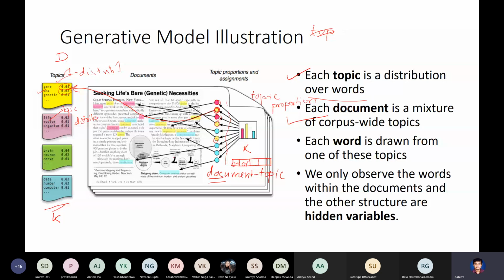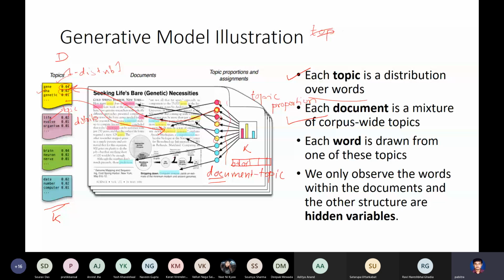So this is the generative process. So if you know this vector for each of the topics, this word proportion vector for each topic, and if you know for every document what are these proportion vectors, then you can generate the set of words by this process.